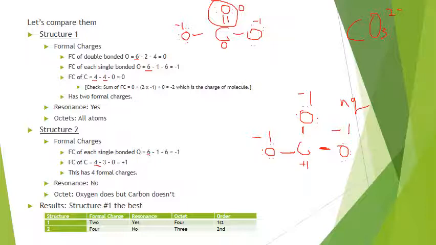So structure 1, this structure up here, has 2 formal charges, and number 2 has 4. So this is no good. This has resonance, so this is good, and this has 4 octets, so this is good. So this is our preferred structure up here.